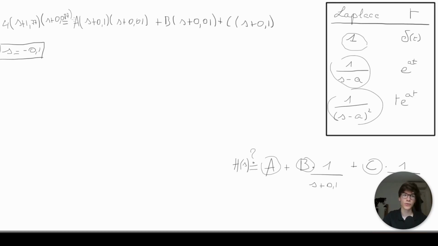So the coefficient a doesn't really matter here. And then if we look at this side, this also becomes 0. So the coefficient c also doesn't matter. The only coefficient that we have is b, because this doesn't cancel out. And then we fill in negative 0.1 on this side, and we get a value for b.